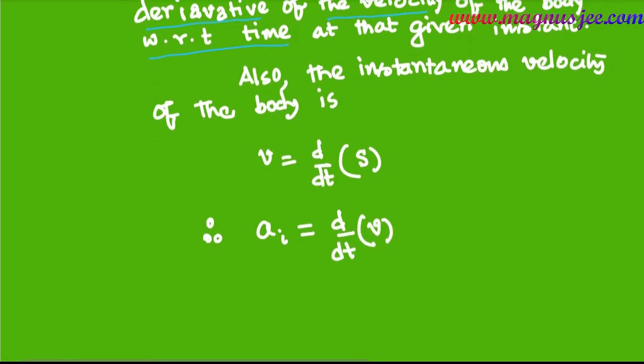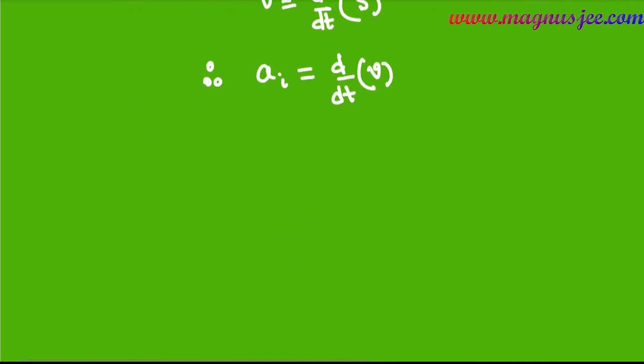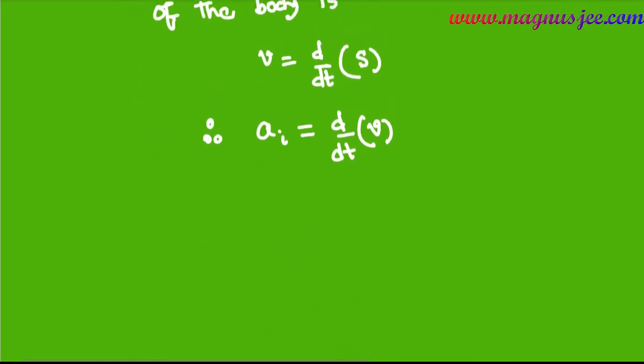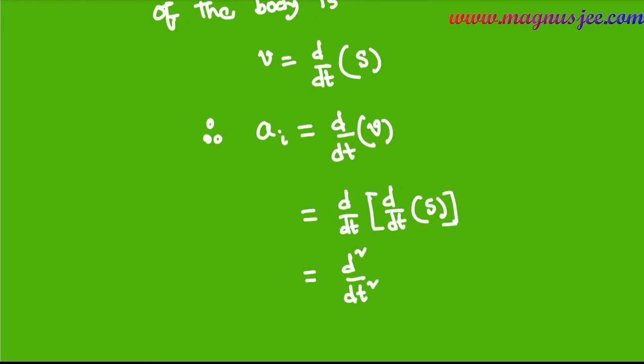Therefore, AI has the expression d/dt of v. Now, in place of v, we can write d/dt of s, where s is the displacement. So d/dt of d/dt means d square by dt square of s. So we get the third expression of instantaneous acceleration, which is AI equal d square by dt square of s.